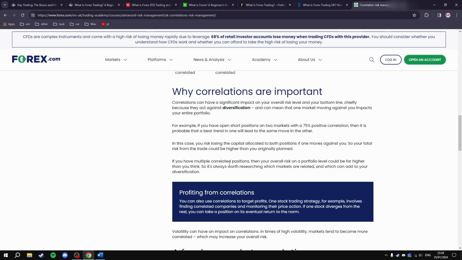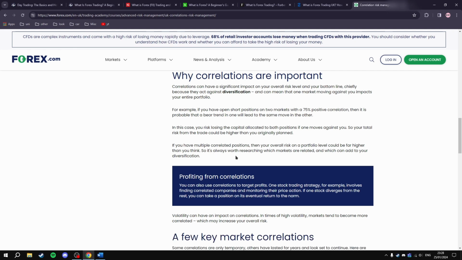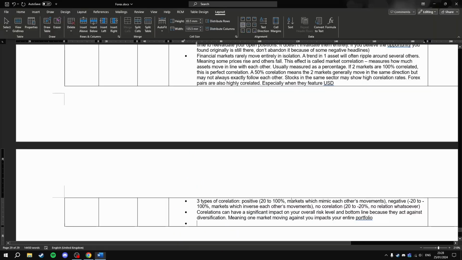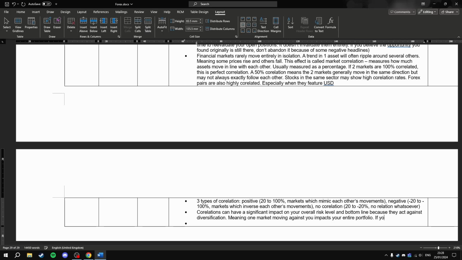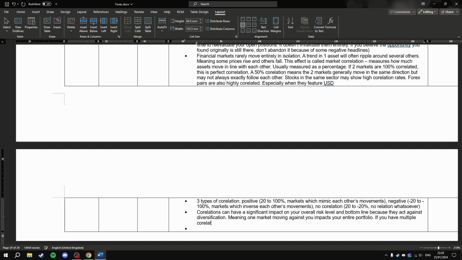If you have multiple correlated positions, then your overall risk on the portfolio level could be far higher than you think, so it's always worth researching which markets are related and which can add to your diversification.